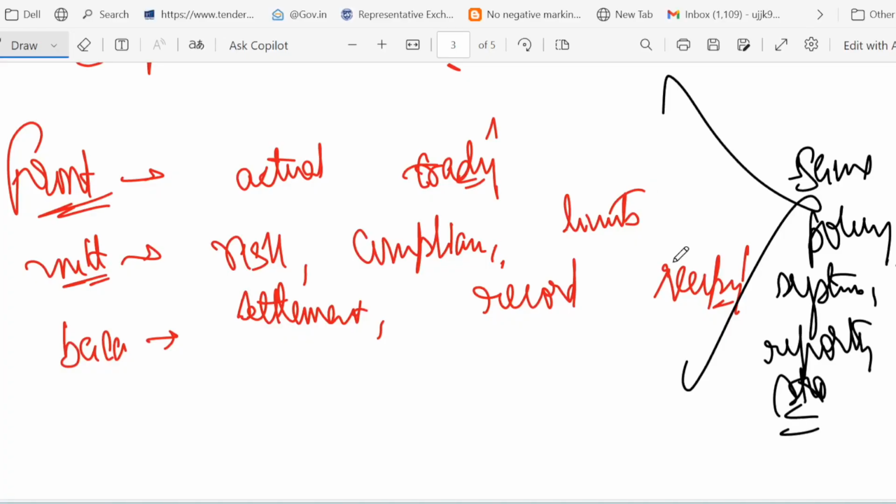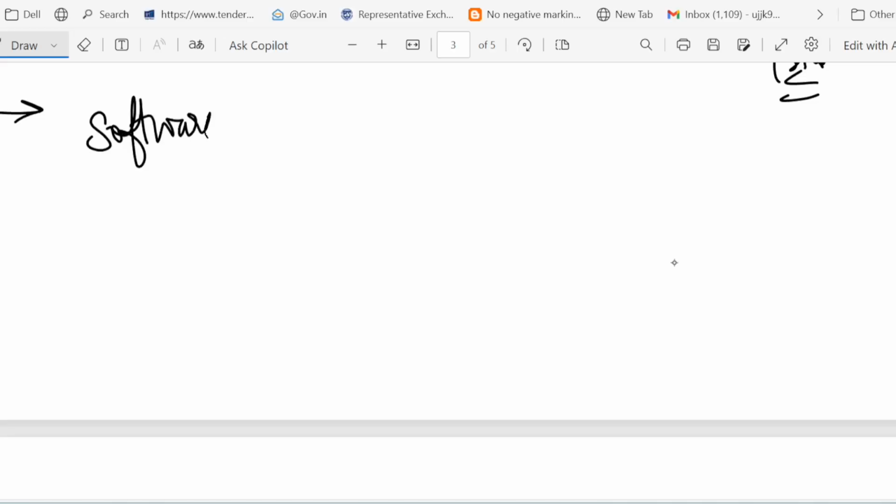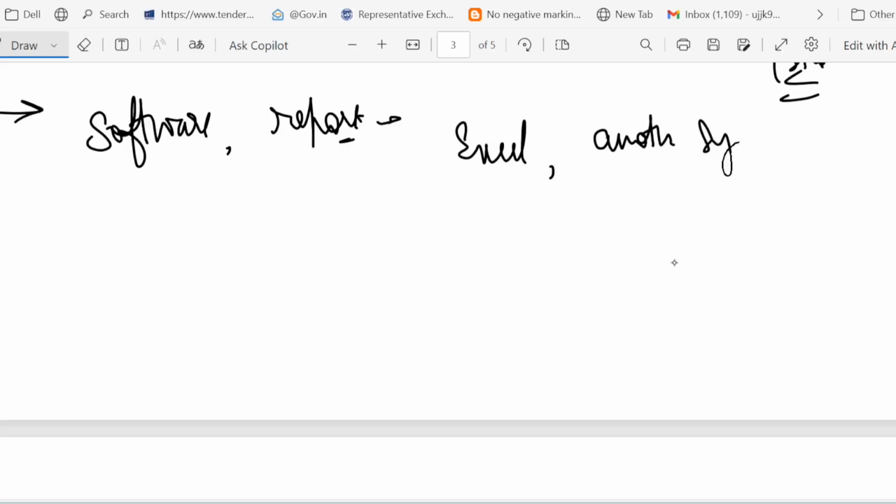Let me give you one example to make it more clear. Imagine that earlier each office worked on its own software and report. Front office worked on Excel, mid office on another system, and back office on paper files.